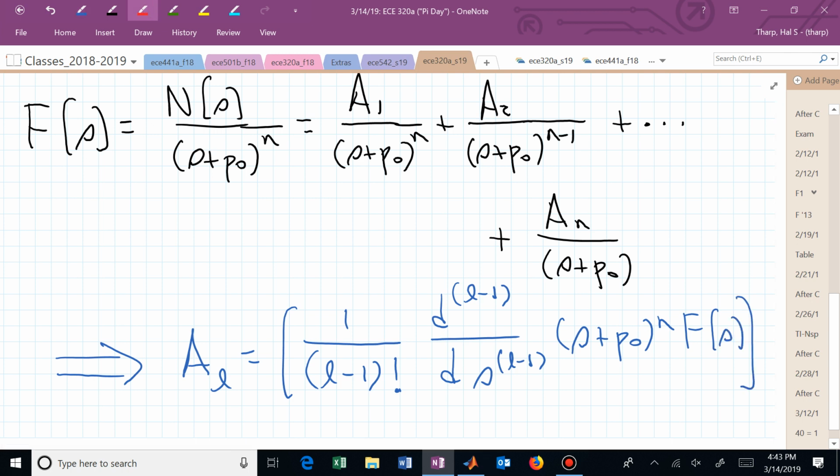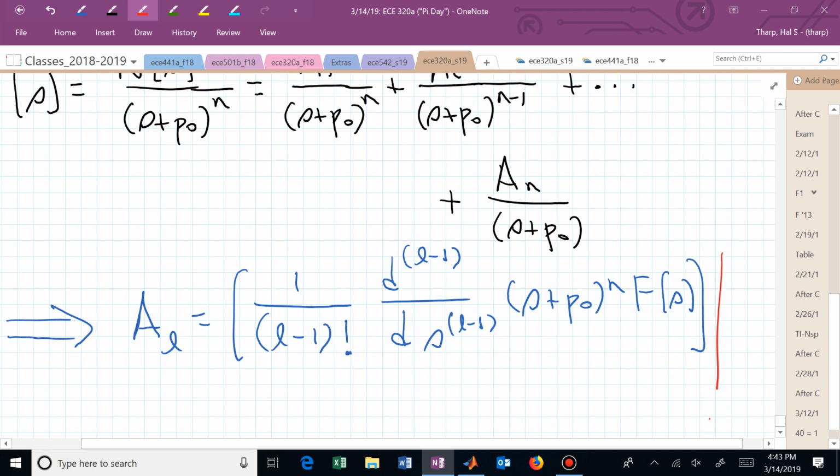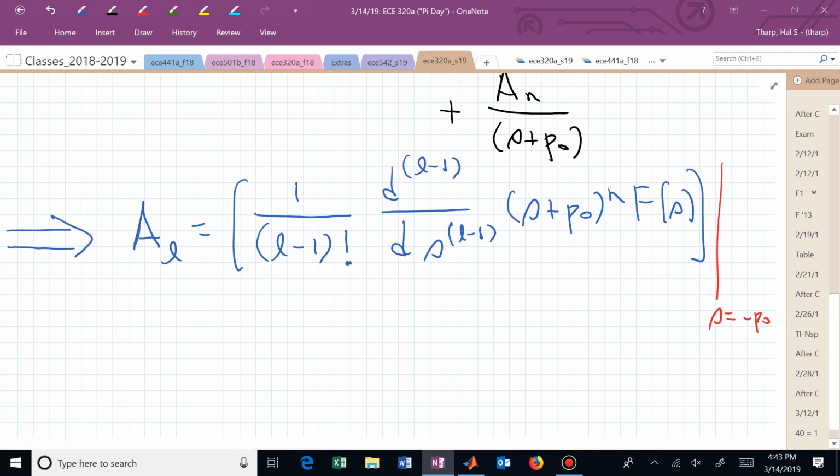And I evaluate that at s equal to minus p sub 0, and I can do that for all of these different l's, all the way up to n. The formula looks ugly, but the process is you just keep differentiating.